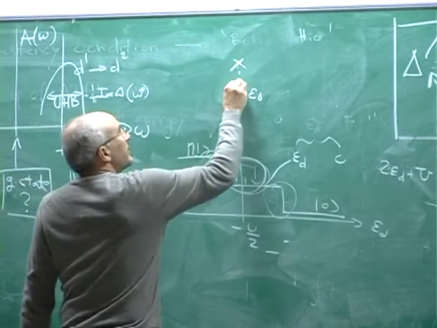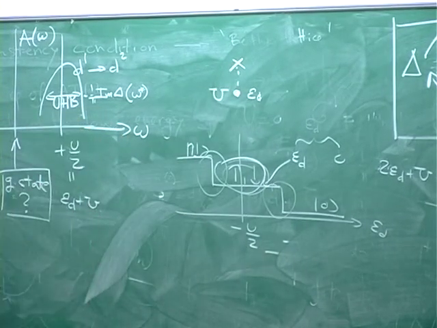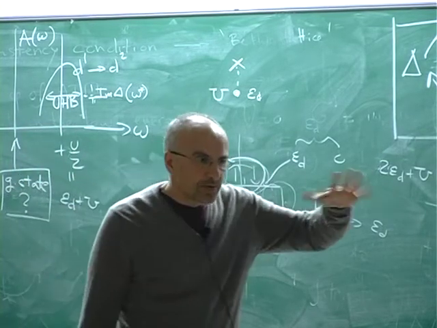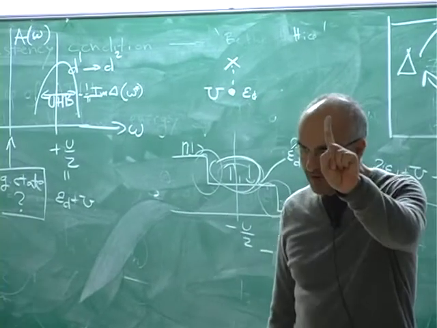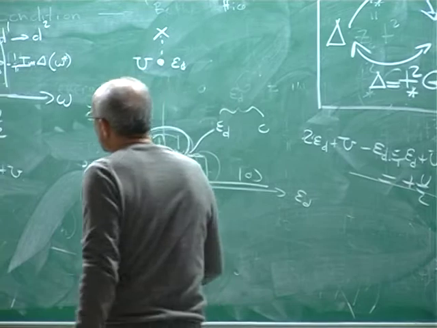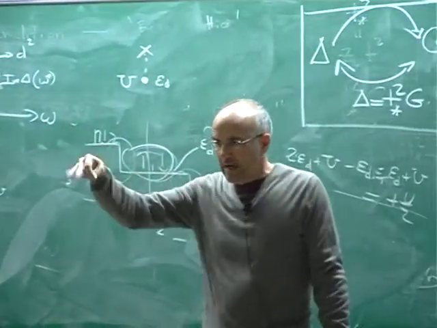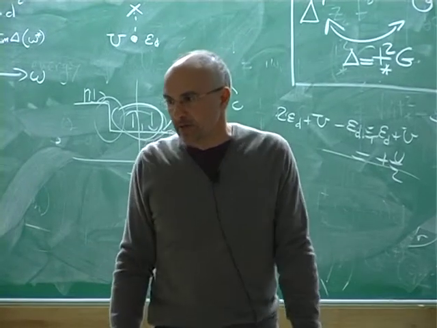So let's consider a very simple caricature of this impurity model where instead of a full continuum delta of omega, I just have one level in the reservoir. Okay? And since I'm interested in ground state properties, this level I take essentially at zero energy.